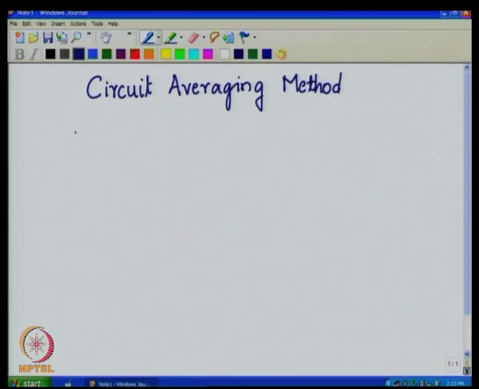So, therefore, we had this portion of the circuit.